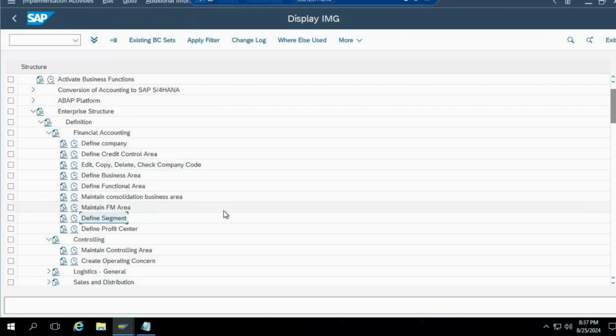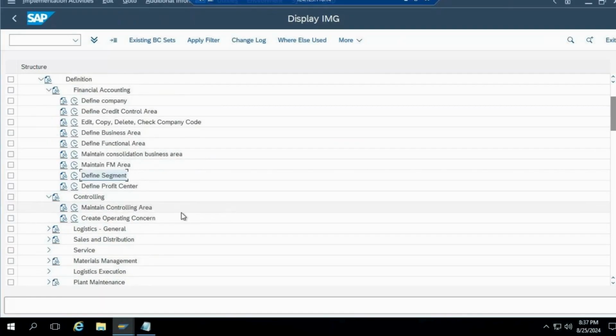What is a segment? How to create a segment? Controlling area: why do we require a controlling area? Because there are many sorts of postings in treasury where you need to post to cost centers.